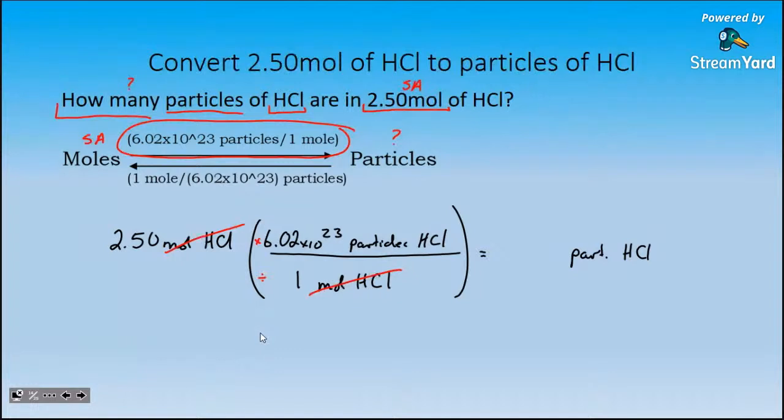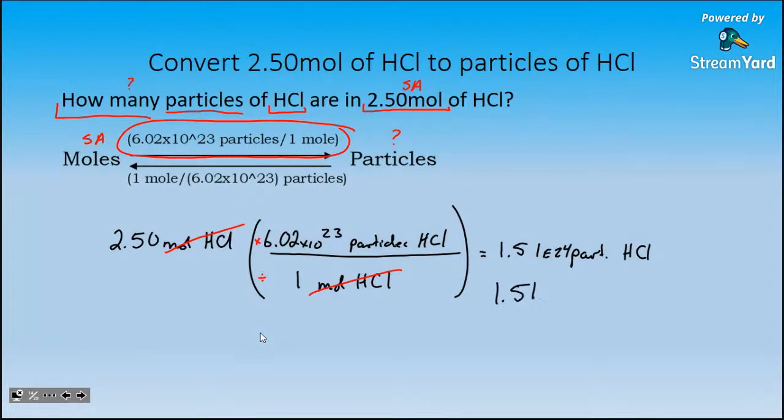Again, 2 different ways to do it in the calculator, either with the parentheses or with the exponent key, that second comma button. So I'm going to type in 2.50 times 6.02, second comma for the E, and then 23, hit enter, and I get an answer of 1.505 or 1.51, and then E24.